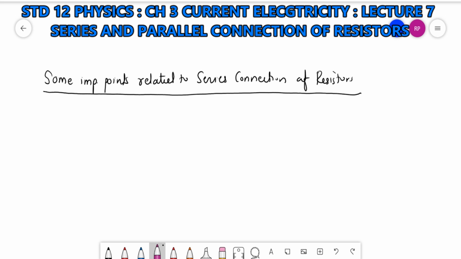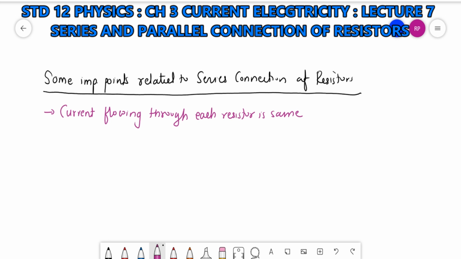Okay, so see, the first one is in this type of connection, the current flowing through each resistor is same. That is the reason we had taken I1 equal to I2 equal to I3 equal to I.